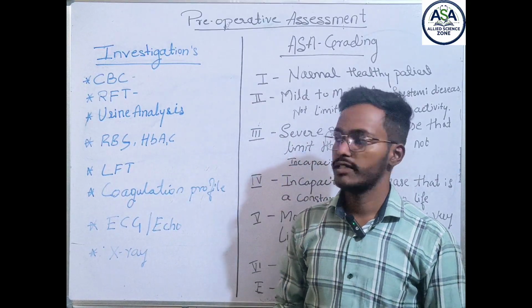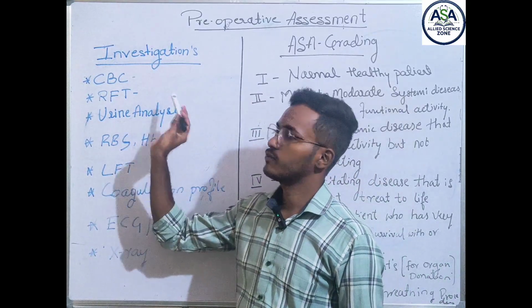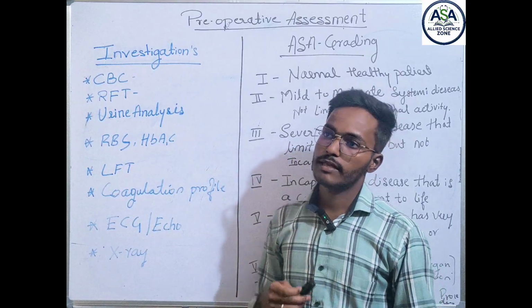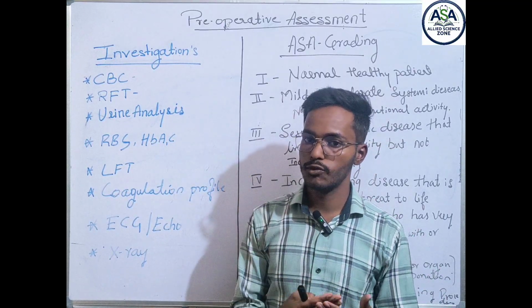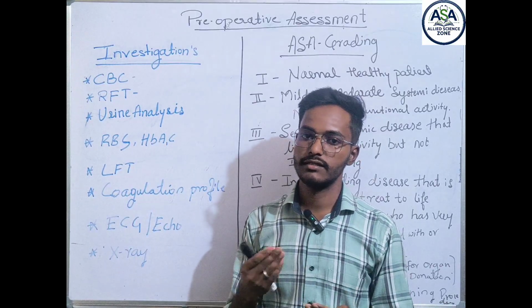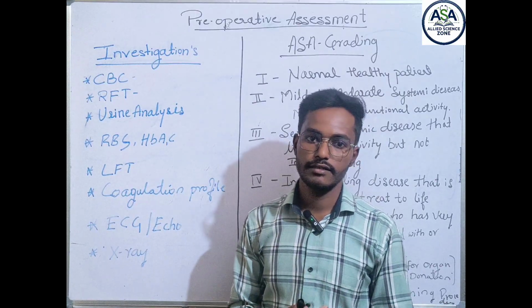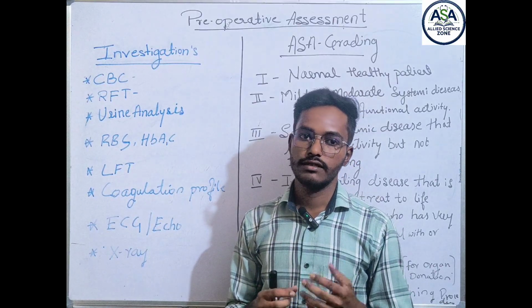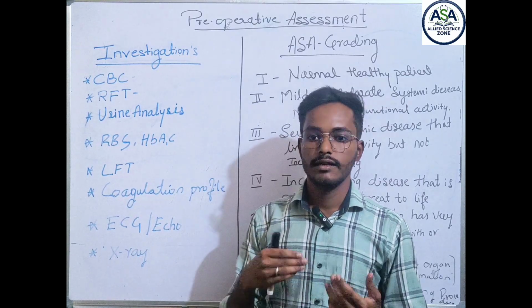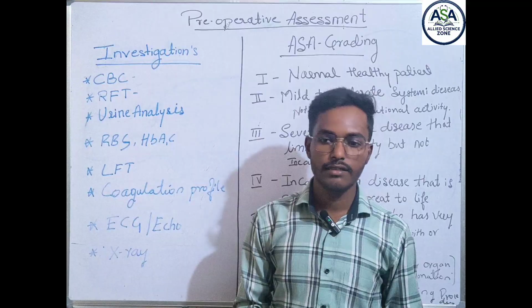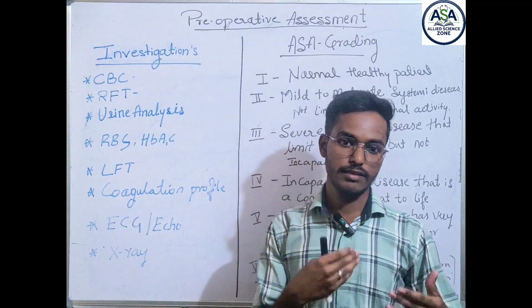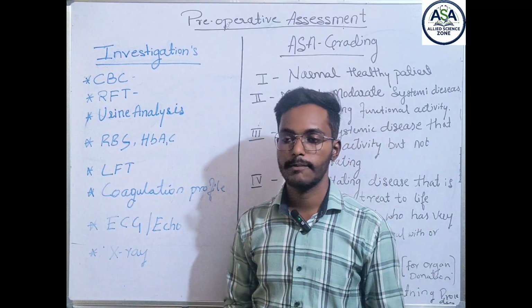In the complete blood count, you will know the hemoglobin, RBCs, WBCs, and platelets. All these counts are very important before the surgery, for the surgical as well as anesthesia preference.